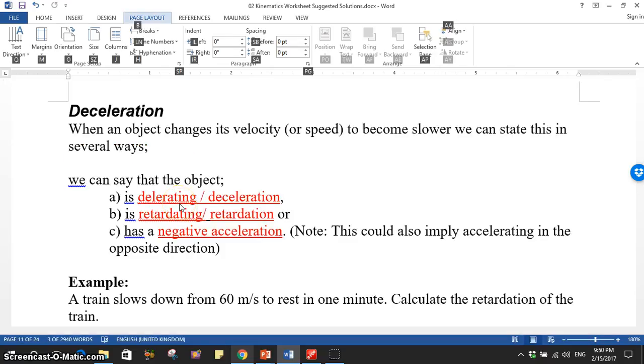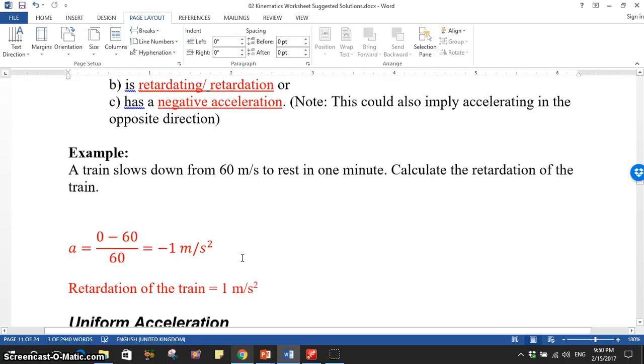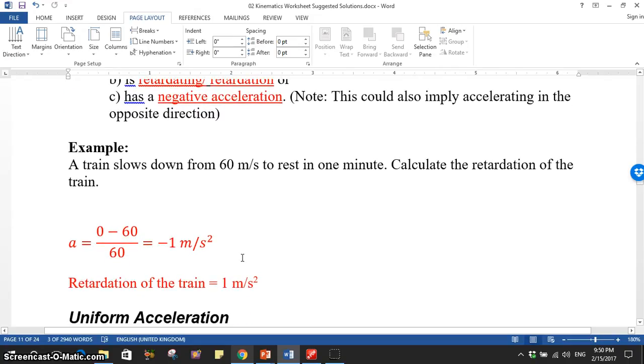Now, there are a few ways to talk about deceleration. One is to say that it's slowing down. Another is to say that it is retarding or retardation, or sometimes we call it negative acceleration. Let's take a look at one example for deceleration.